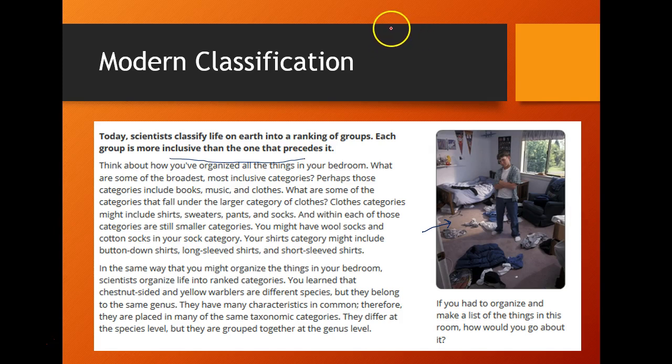You could have things like clothes, paper, furniture, music, etc. There are many different things that you can find in your room.